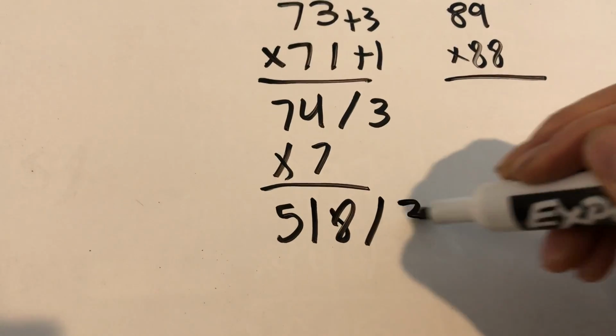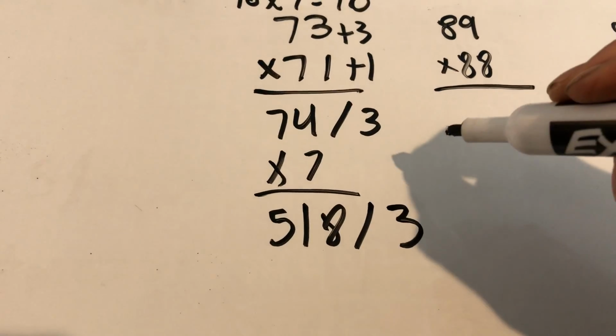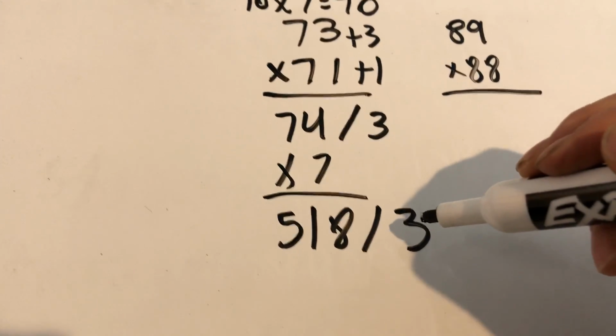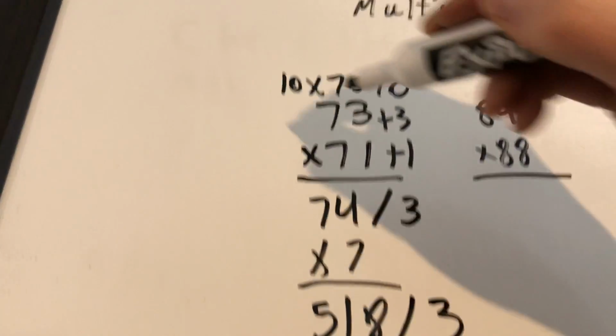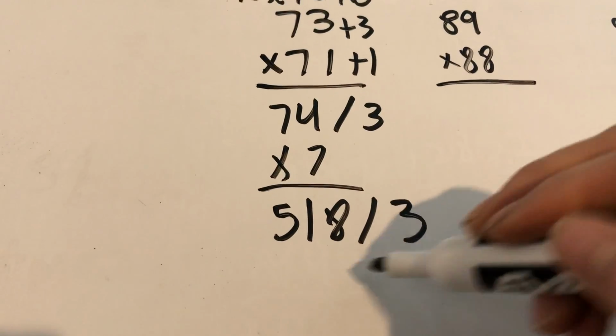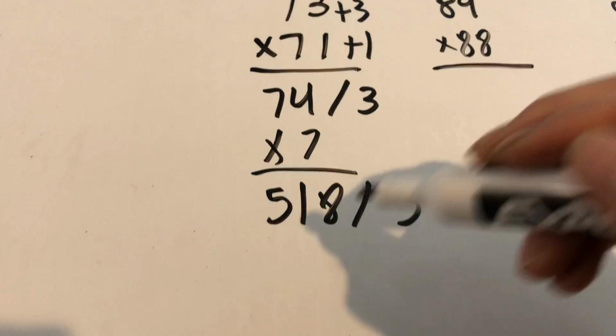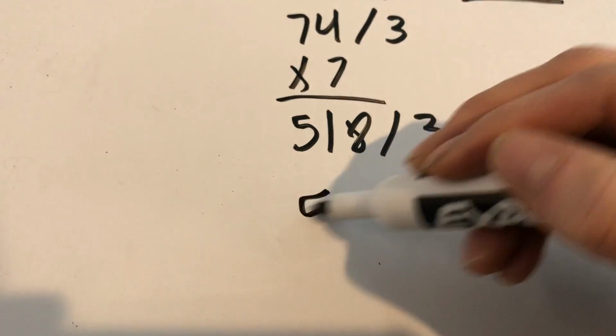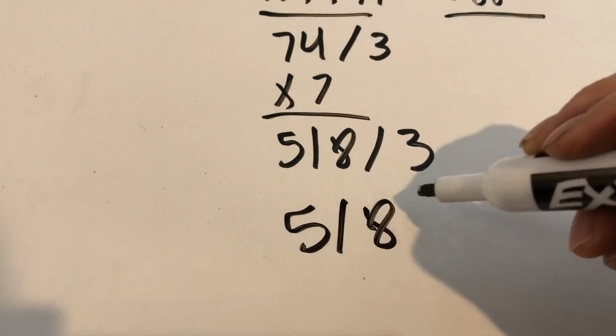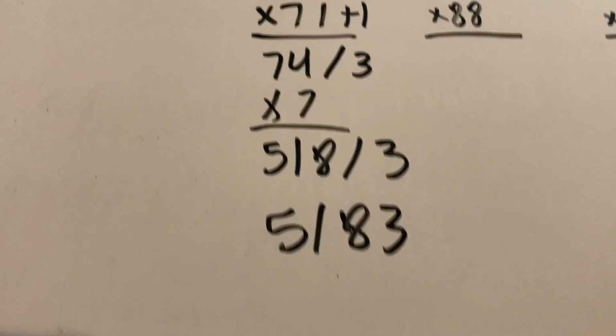Slash mark, bring the 3 down. Now, since 3 is below the base of 10, we don't have to worry about carrying any numbers over. So 3 stays 3 as it is. So all we have to do next is plug these numbers together, and we got 5,183 as our final answer.